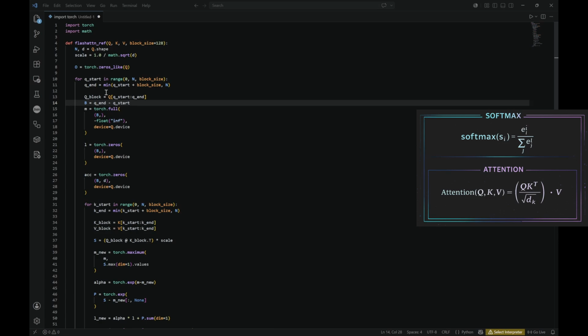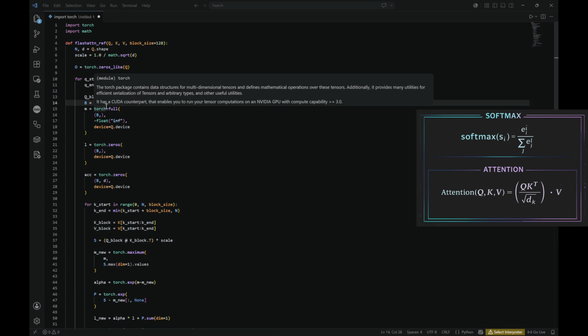First is Q. Q is the query matrix, and it asks, what information am I looking for? K is the key matrix. It advertises what information I contain. The V matrix is the value matrix, and it basically asks what information should be retrieved.